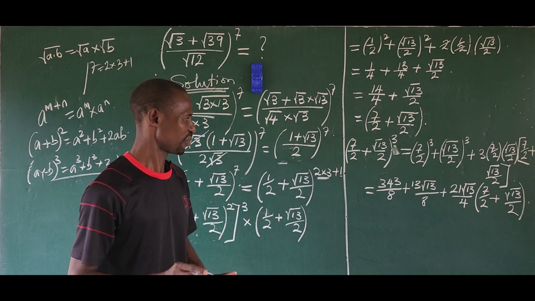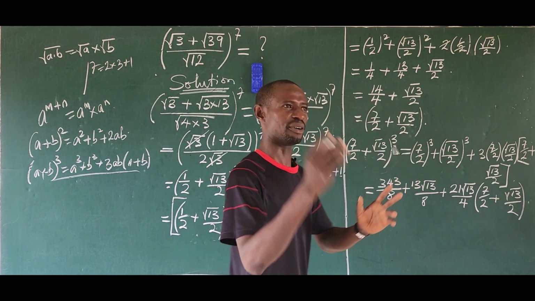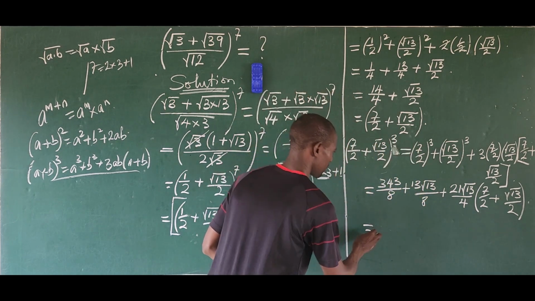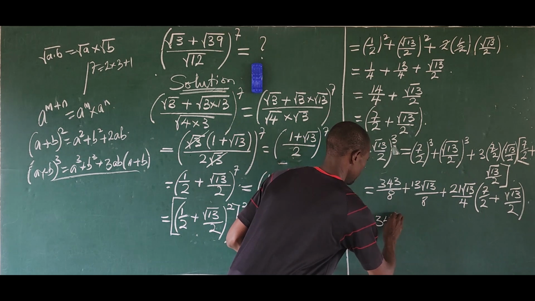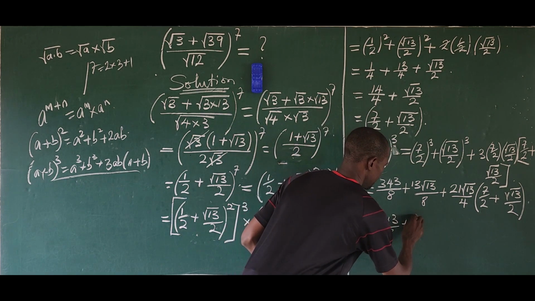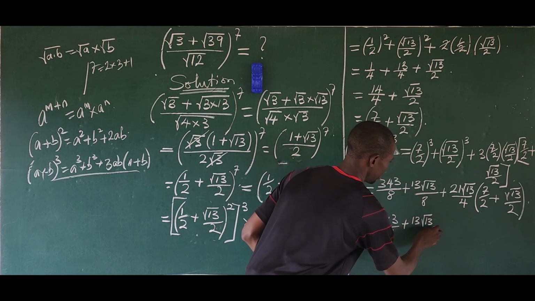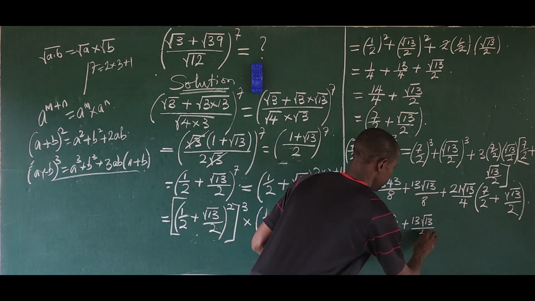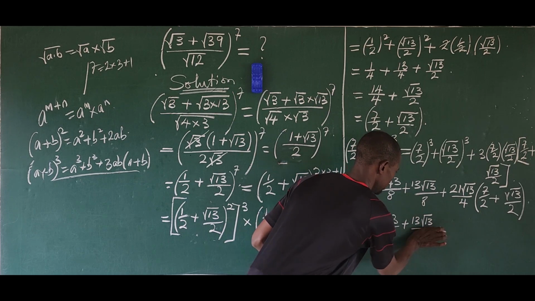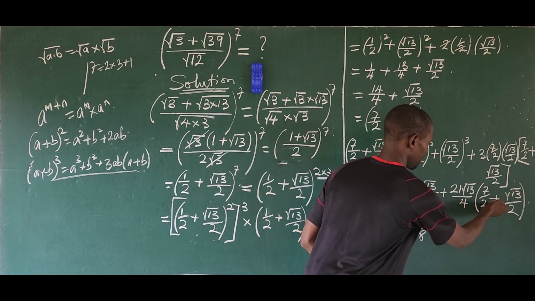Good. So what we do, we want to use this to open up this now and add up. So this is going to give us 343 all over 8, then plus 13 root 13 all over 8, then plus. So we use this to multiply this.